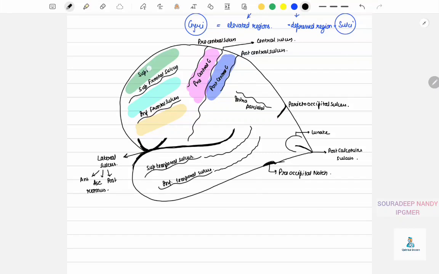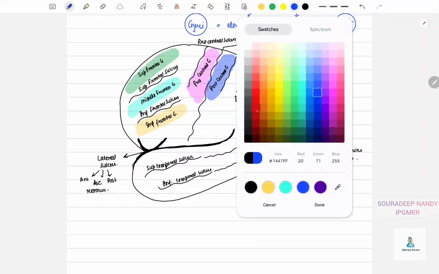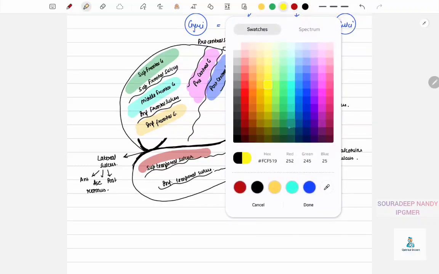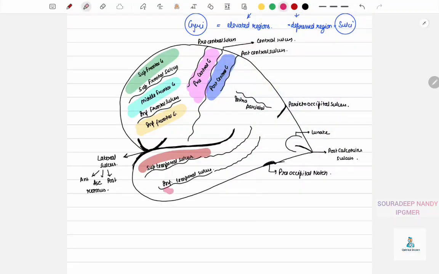Here is the superior frontal gyrus, here is the middle frontal gyrus, here is the inferior frontal gyrus. Just like this, here is the superior temporal gyrus, here is the middle temporal gyrus, and here is the inferior temporal gyrus.